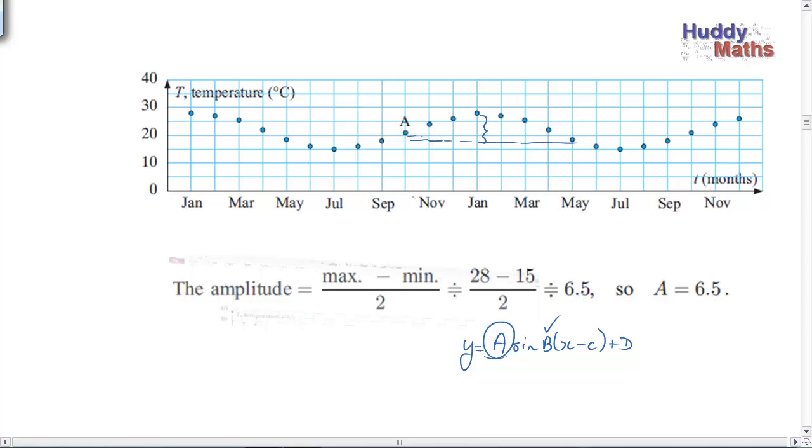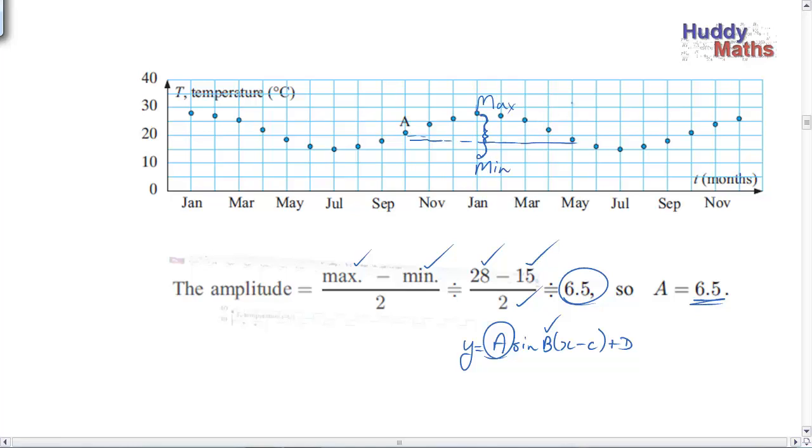We haven't found the axis yet, so why don't we find the total distance between max and min and divide it by 2. Now what's the distance between the max and the min? Max minus min, so that's 28 degrees minus 15 divided by 2. So it's about 6.5. Okay, so that's the idea. We're going to get the top value, the max, minus the min, find that distance between them, divide by 2.